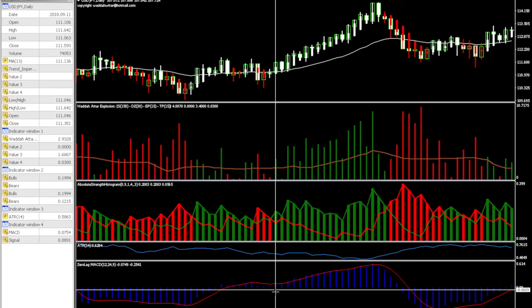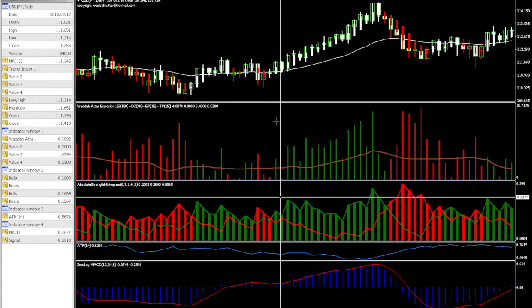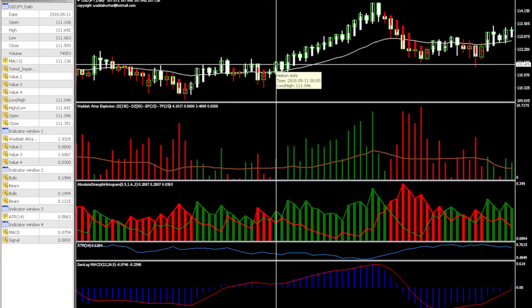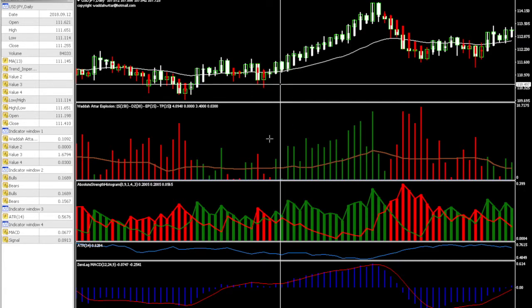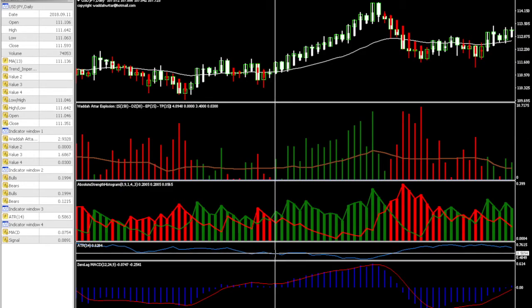We would take two positions again, and we would read the value of the ATR, which at that time was 58 pips. This means we would put the stop loss at around 19 pips, a bit less, and put the take profit at 1 times ATR, which would be 58 pips.